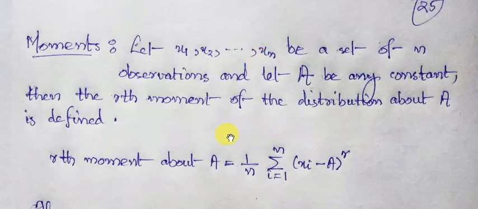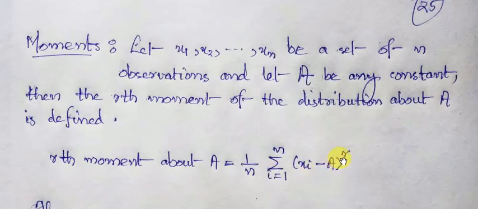And we are defining this rth moment as this. You all know this. I have already discussed when I was physically present in your class. So everybody knows this. I am recapitulating. So the rth moment about A of this statistical observation is equal to 1 by small n, summation over i equal to 1 to n, xi minus capital A whole to the power r.